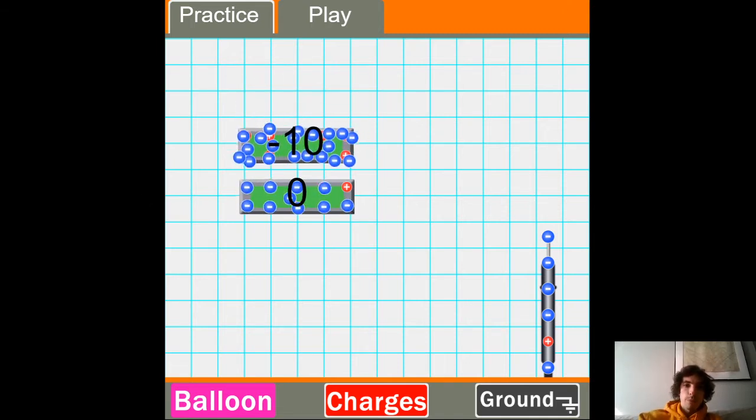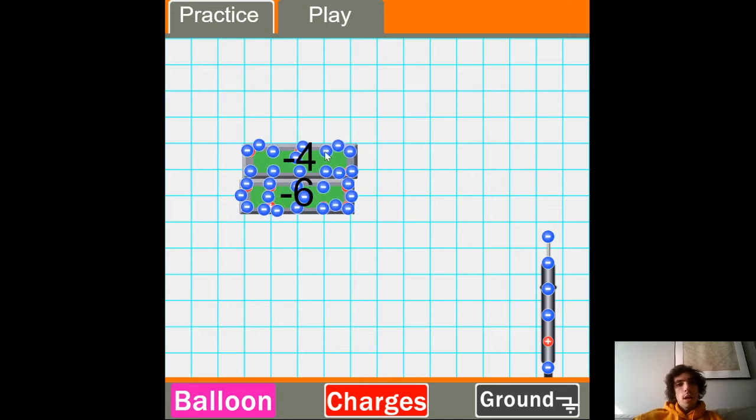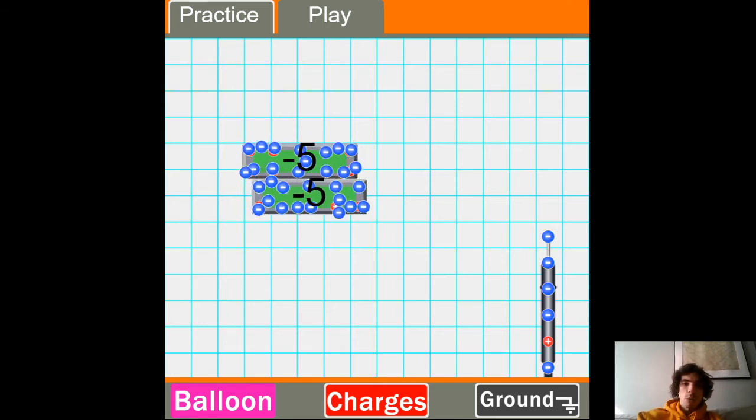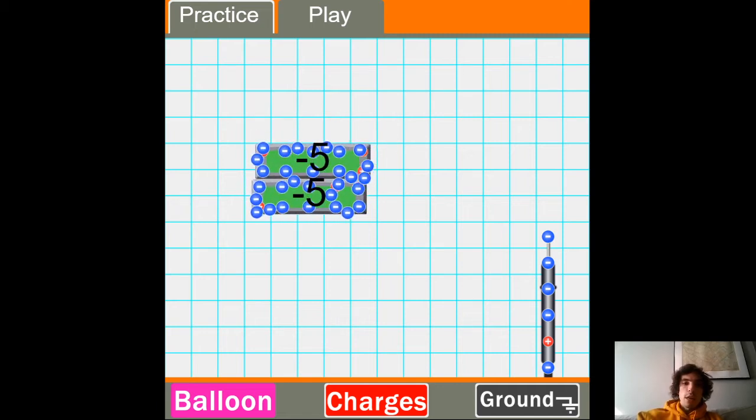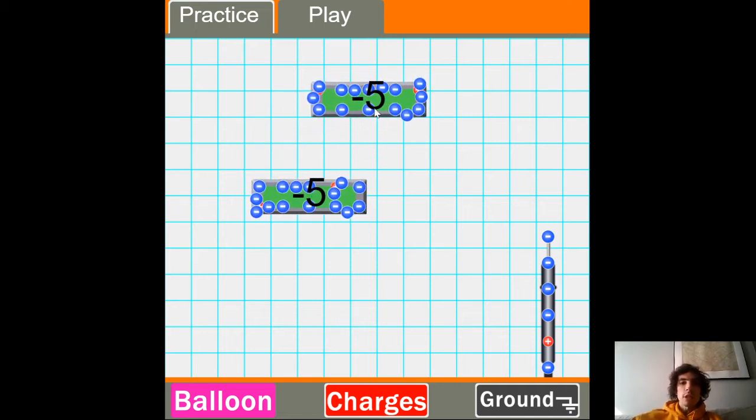We'll see what happens. And you can see a lot of those electrons bounce down into this bottom rod. And we have a -4 rod up top, a -6 rod down below. And if we really let them equilibrate, they would settle on this evenly distributed -5, -5, sort of like half of that -10 on this one and 0 on the other.